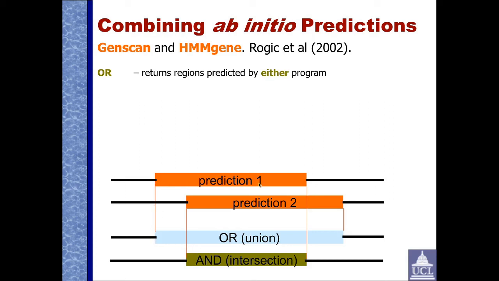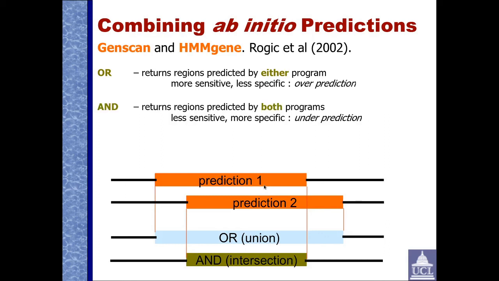So this is prediction 1 from, let's say, Genscan, and this is prediction 2 from HMM-Gene, and if either of them predicts it, then we get a union of the two predictions. This gives us more sensitivity, but it's less specific, so we tend to over-predict.